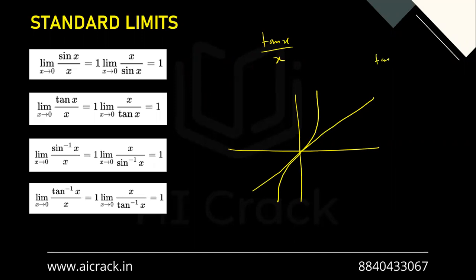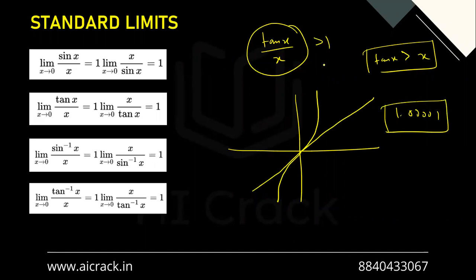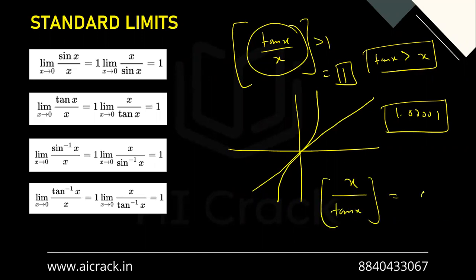For every x, the magnitude of tan x is always greater than x, so this ratio is always greater than 1. However small the value of x, this ratio is very close to 1 maybe, but always greater than 1. So if I take the GIF of this function, that would be 1. And if we take the reverse, x by tan x, that would be 0.